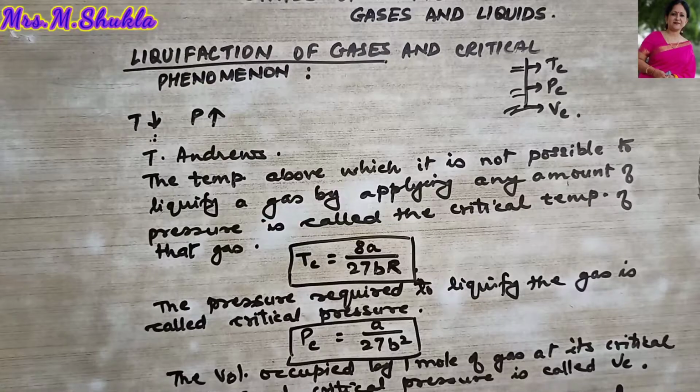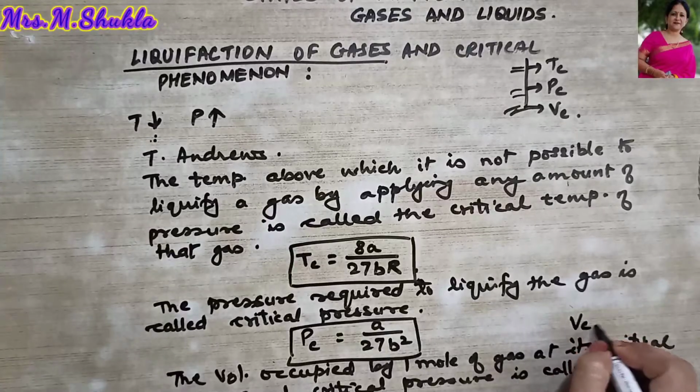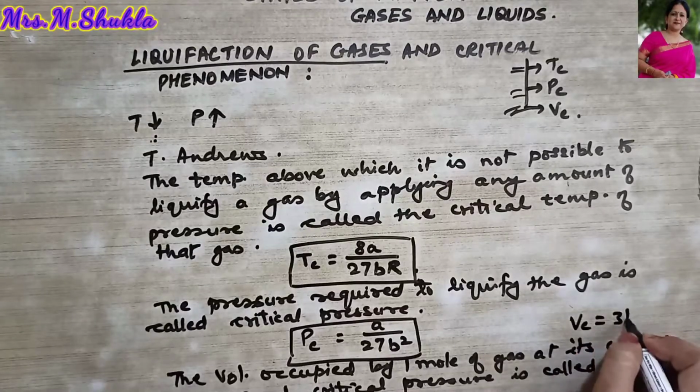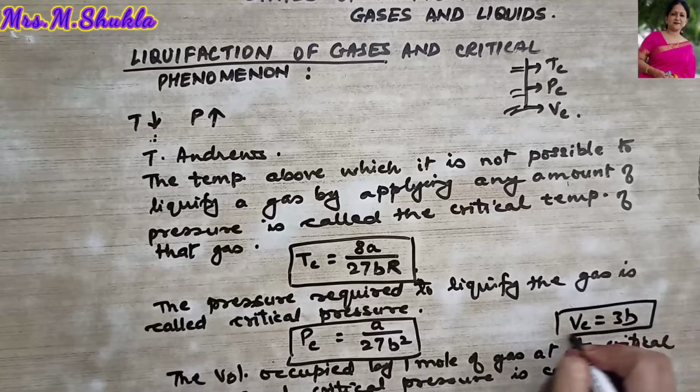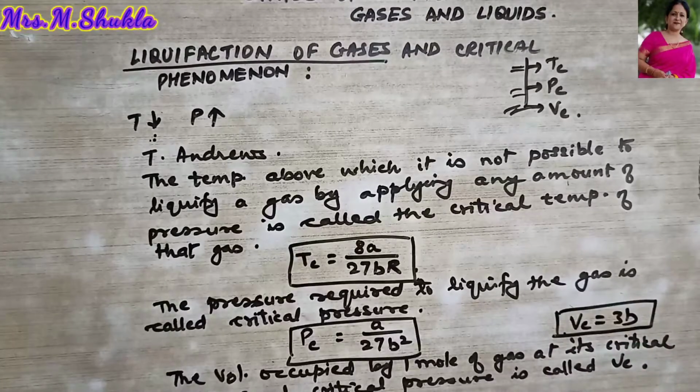So how is this represented? It is represented like Vc is equal to 3b. This is how it is represented.